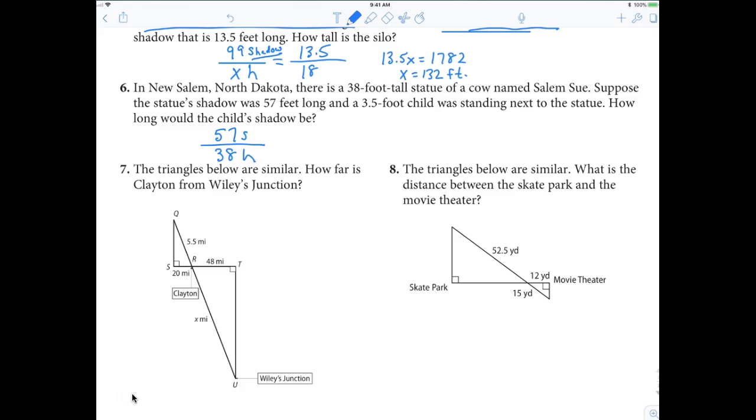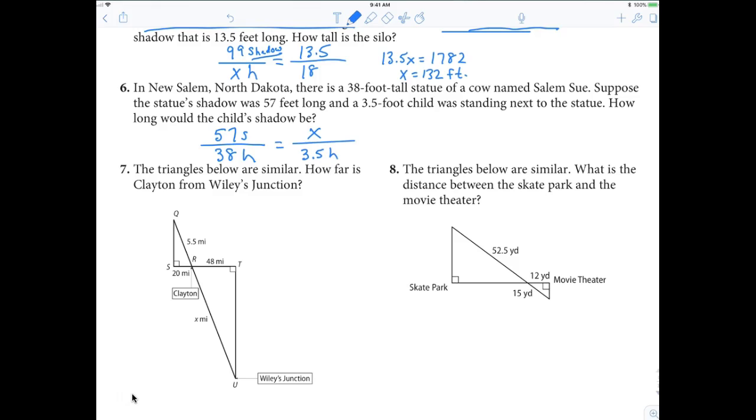Very good. Equals. And then 3.5 would go under. Yes, very good, because 3.5 represents the height of the child. And now we're trying to find the shadow.